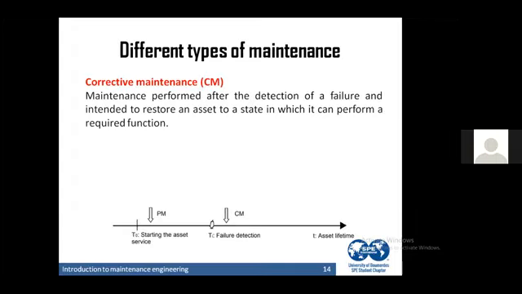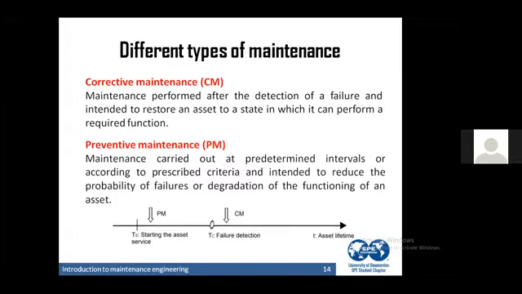The corrective maintenance is the maintenance performed after the detection of failure, and our mission in this case is to restore the equipment or the asset to a state in which it can perform its required function. This is traditional repairing of equipment.